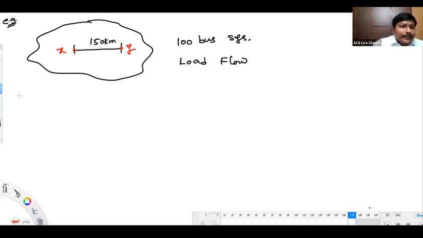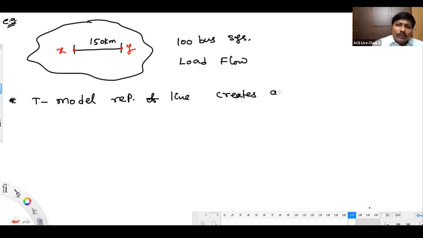So I'll say, T model representation of a line creates an extra node.